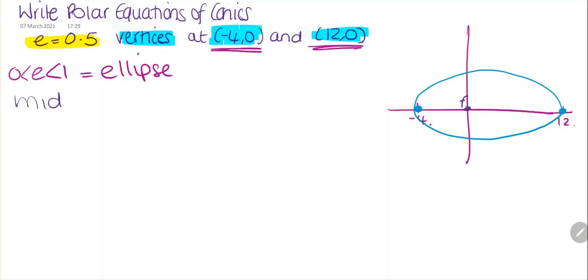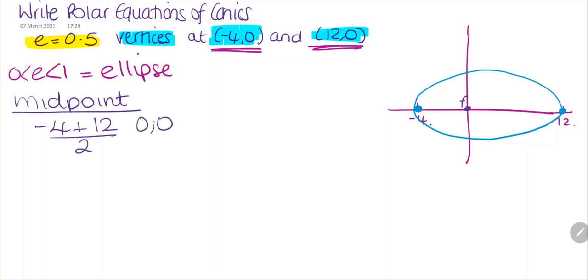To find the midpoint, we can add our x coordinates and divide by 2, and the same with our y coordinates. So we're going to have the point (4, 0). So (4, 0) is going to be our center.